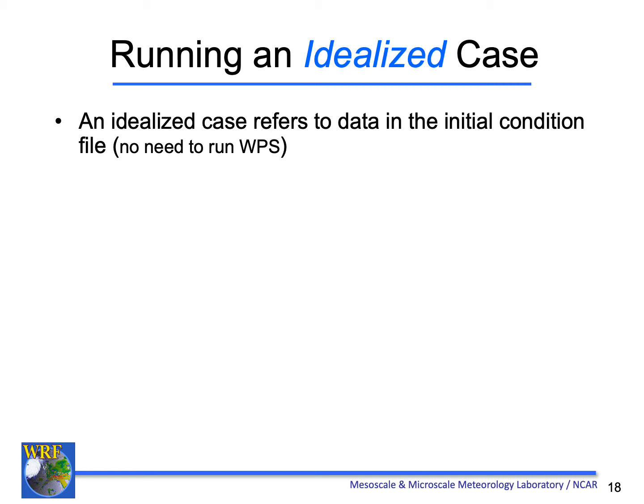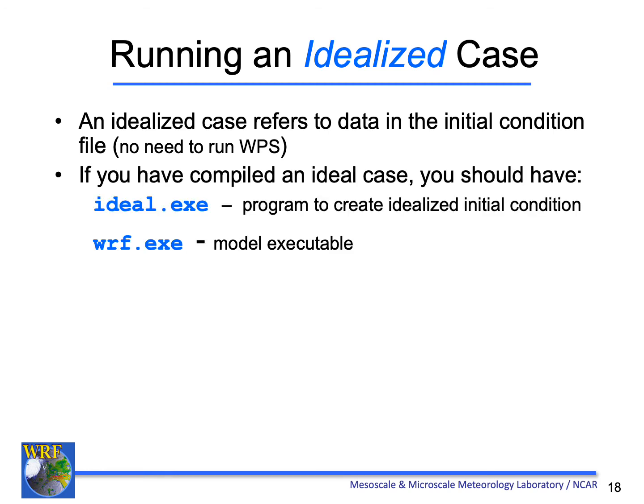Mirroring the real data run, we would choose to compile the model for an idealized case, and this will create ideal.exe for model initialization and the model executable. When we compile for different idealized cases, the difference is only in the initialization program. The model executable remains the same for all cases.